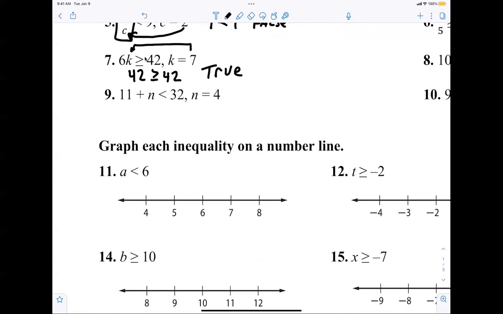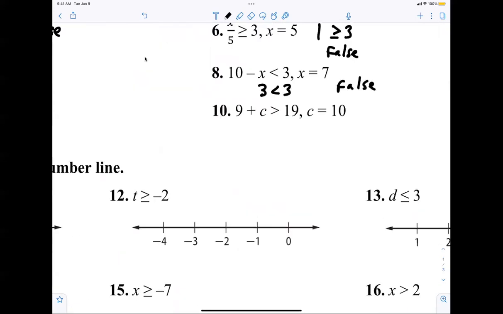False. Why? Because 11 plus what? What's n? 4, which is 15. Oh yeah, it is true. Right, because 15 is less than 32. That's all you're doing. You're just plugging in to see if it works.